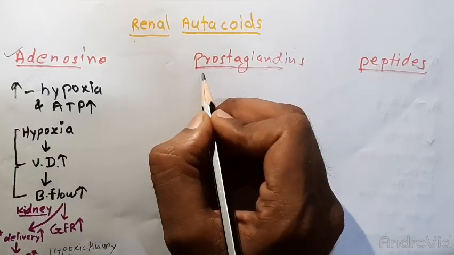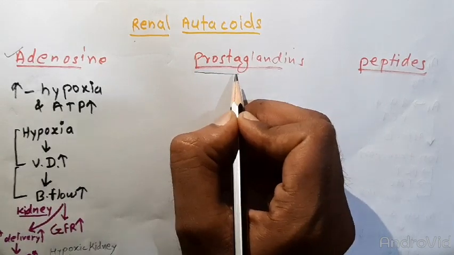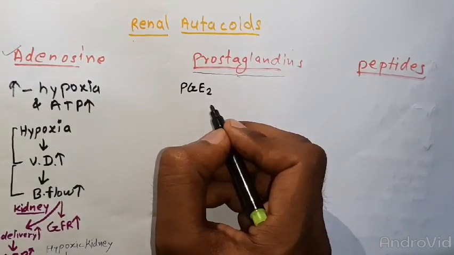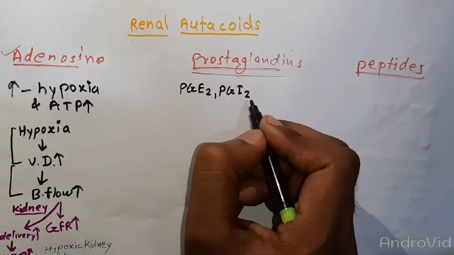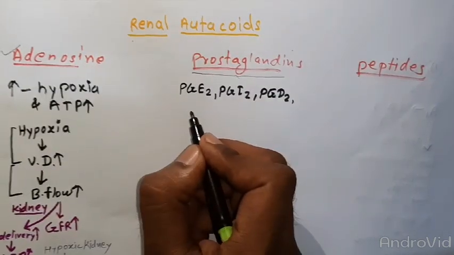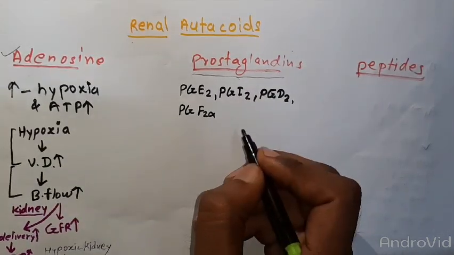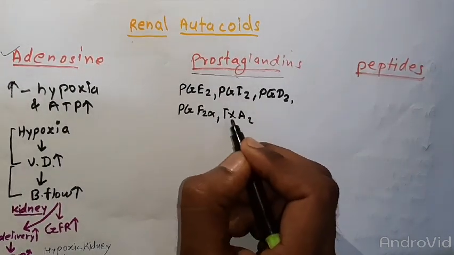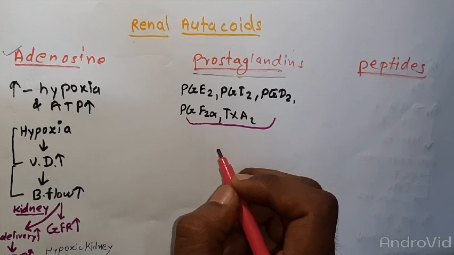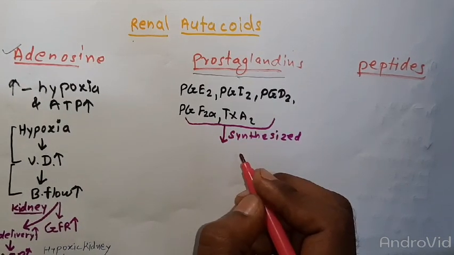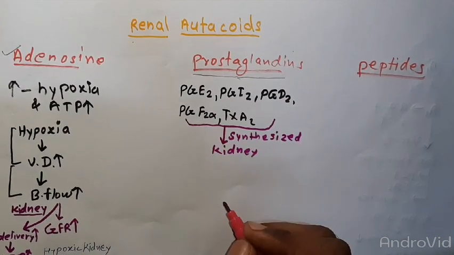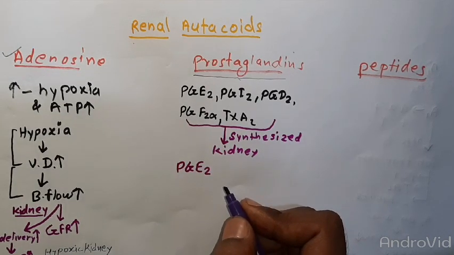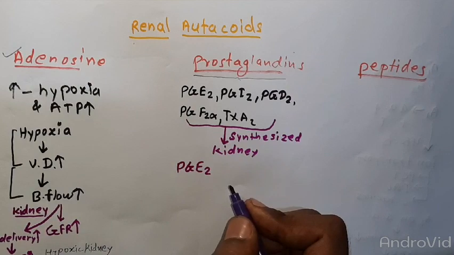Now we will learn about the renal prostaglandins. Five prostaglandin subtypes: PGE2, PGI2, PGD2, PGF2 alpha, and the thromboxane TXA2 are synthesized in the kidney and have receptors in these organs. PGE2 has shown the activity of certain diuretics.